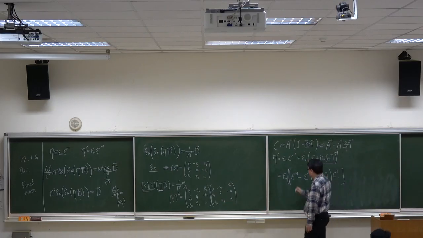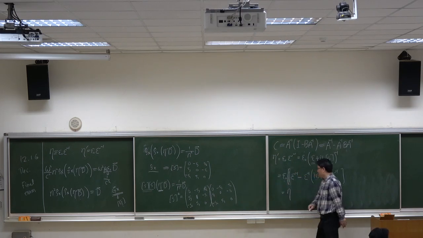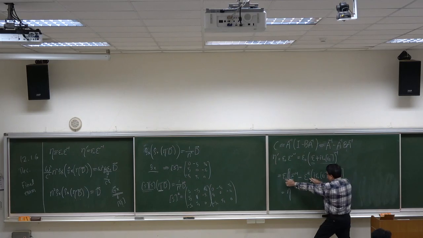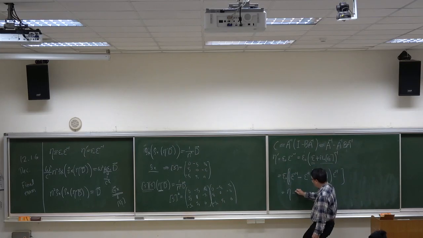And epsilon 0 times epsilon inverse gives us eta. And now we have epsilon 0 times epsilon inverse. And this one, epsilon 0 times epsilon inverse. So we have 2 eta minus I eta G eta.